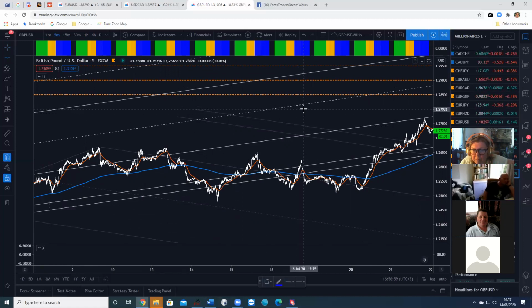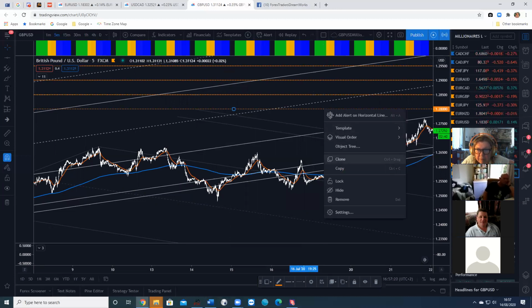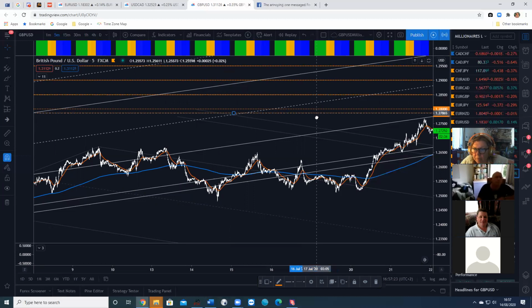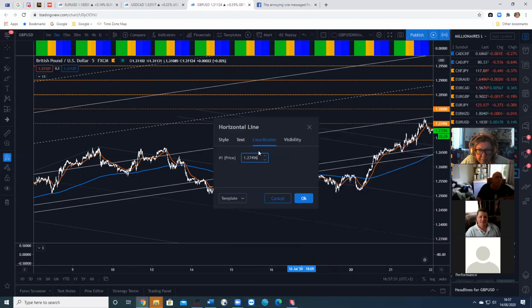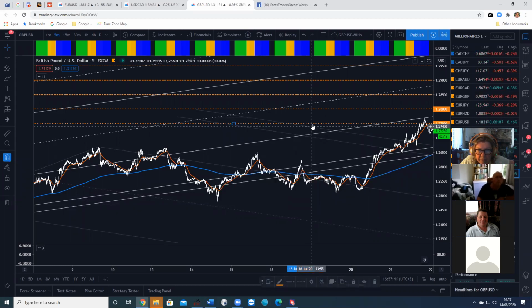Horizontal line, settings, orange. 128.75, 127.5. Settings. No. 127.5.